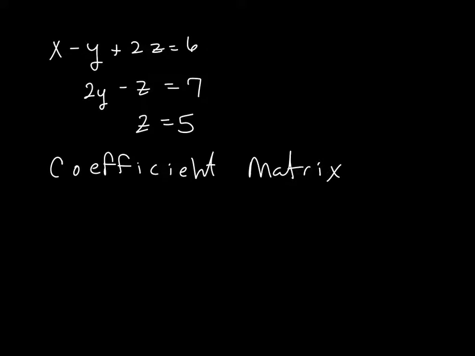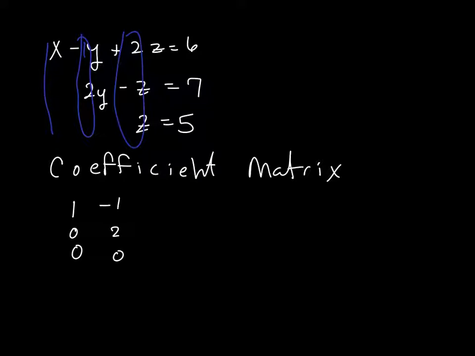All the coefficient matrix is, is you take whatever the coefficients of the different variables are and write them down. So a coefficient matrix here would be just 1, 0, 0, -1, 2, 0, 2, -1, and 1.